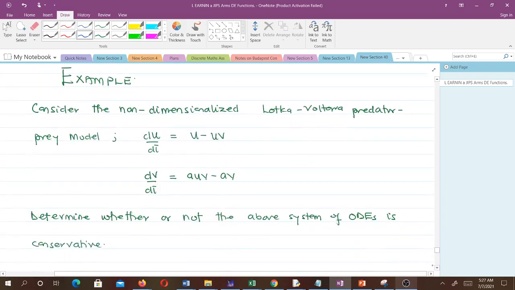Consider the non-dimensionalized Lotka-Volterra predator-prey model. This is the non-dimensionalized one. We have to determine whether or not the above system of ODEs is conservative.